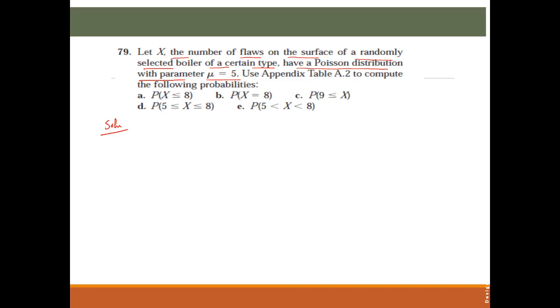So this x is the number of flaws on the surface of a selected boiler type, and given that x follows Poisson, mu is 5, x follows P of 5.